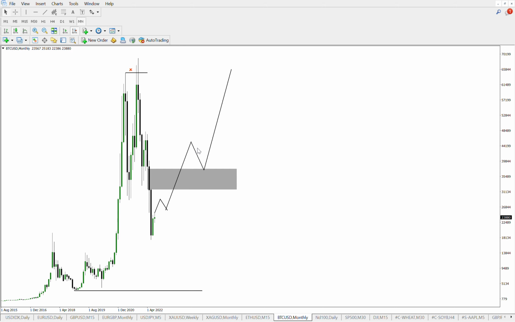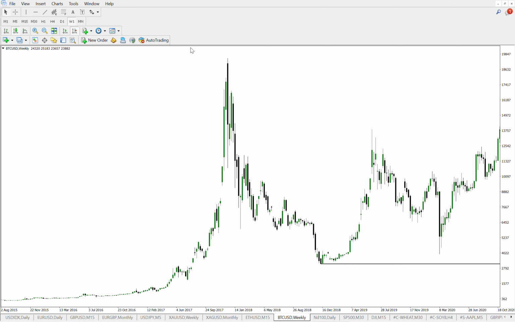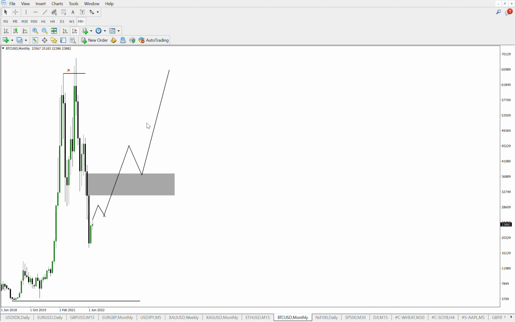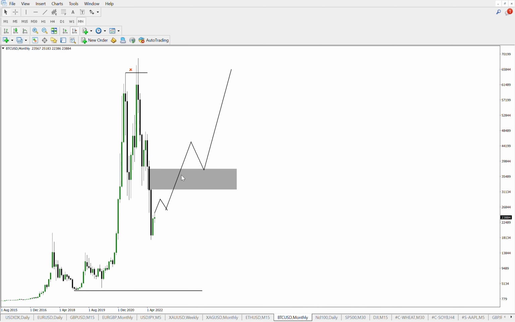We need to be proven wrong, and one of the situations on the higher time frame that would prove us wrong is this asset class here. If we started to trade above these gaps in here, then I would be looking for the liquidity above here, but that's still a long ways away. I'm still looking for shorts to target the lows down here and the fair value gap down here.